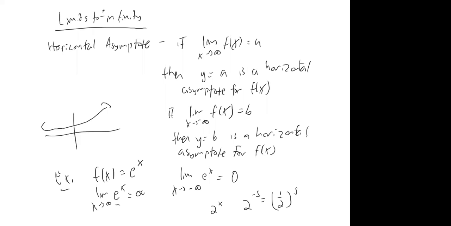If you raise a number between 0 and 1 to higher powers, it gets smaller and smaller. Like 1/2 squared is 1/4, and 1/2 cubed is 1/8. You're taking fractions smaller than 1 and raising them to the positive power. So similarly, e to the negative x will go to 0. In this case we have one horizontal asymptote because the other limit didn't give us anything. So our horizontal asymptote is y equals 0.